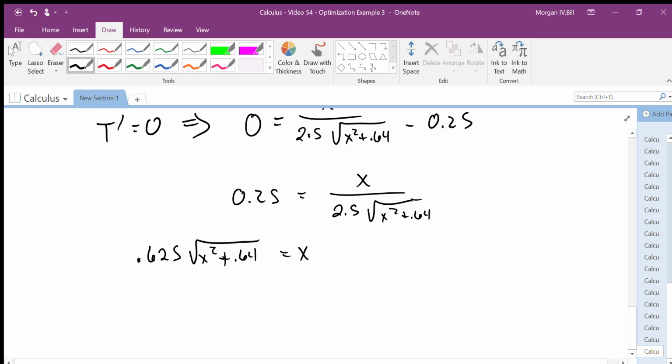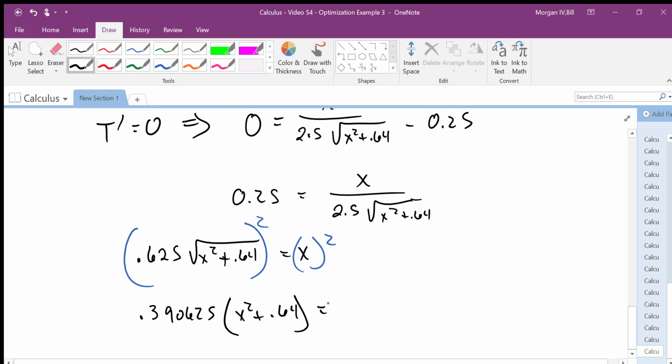I need to get rid of the square root, so let's square both sides. Remember, when squaring, you square entire sides, not individual terms. So I'm going to square the 0.625. I get 0.390625 times (x squared plus 0.64) equals x squared.